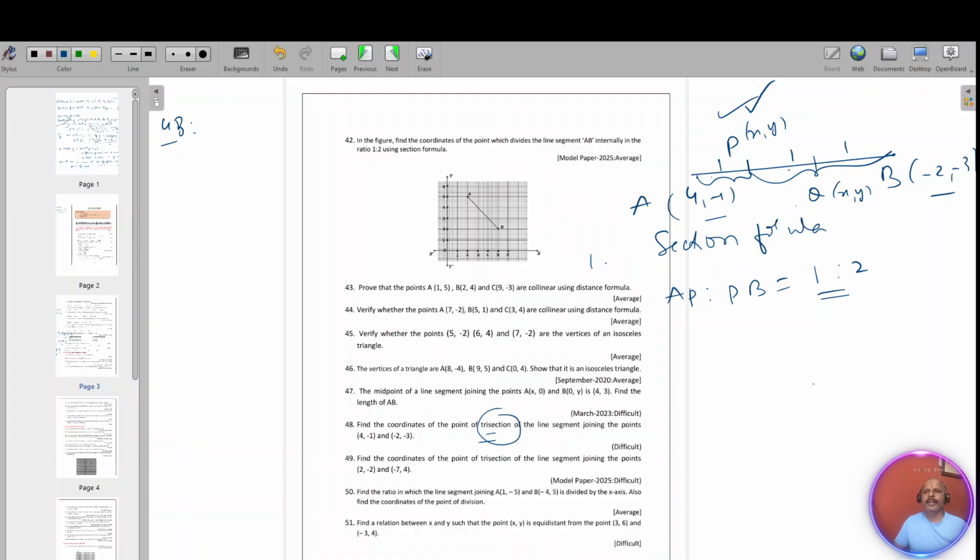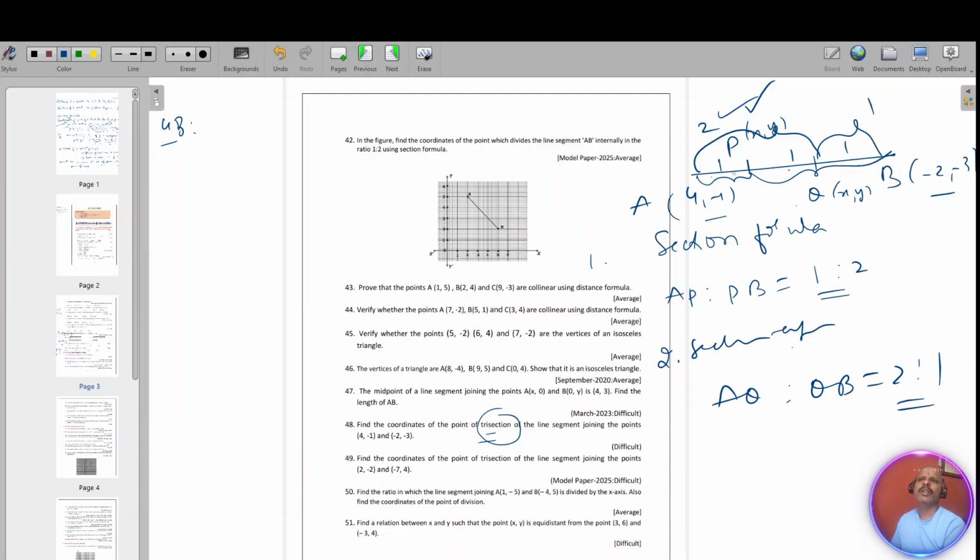AQ and QB. So section formula remains same. X1 Y1 becomes 4 comma minus 1, X2 Y2 becomes minus 2 comma minus 3 only. Your XY changes to Q when you apply for AQ and QB, changes to P when you apply for AP and PB. Similarly, the M:N ratio changes. Here M:N ratio is 2:1 because check out AQ is 2, QB is 1, right? So you apply and find the trisection.